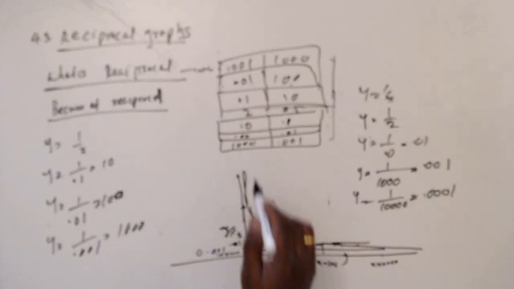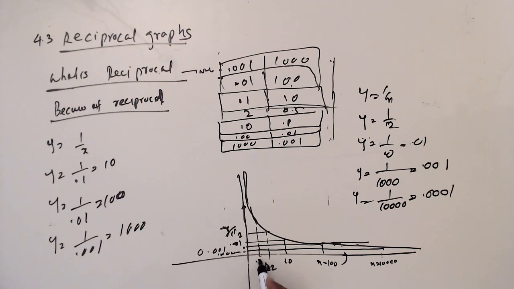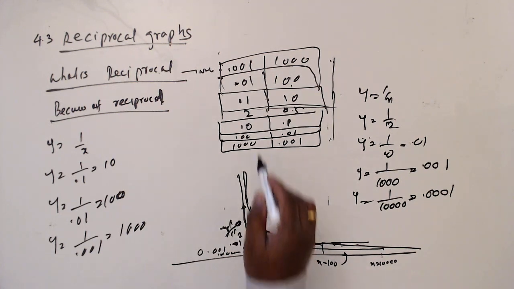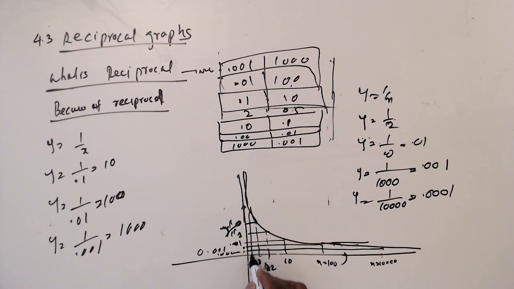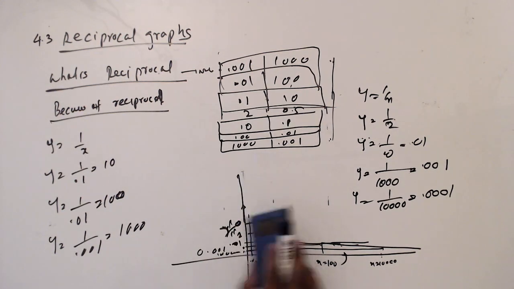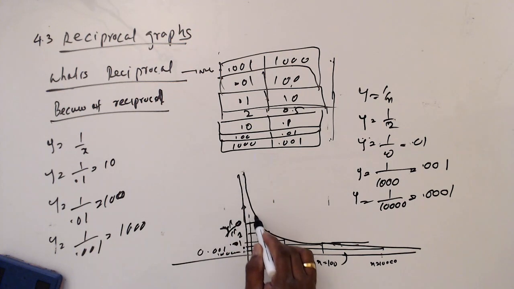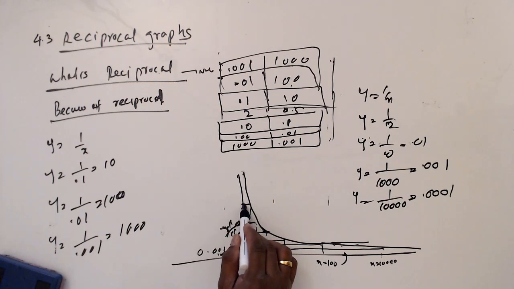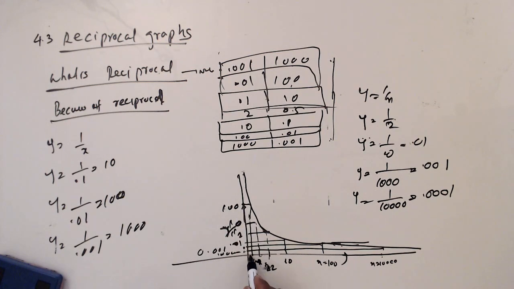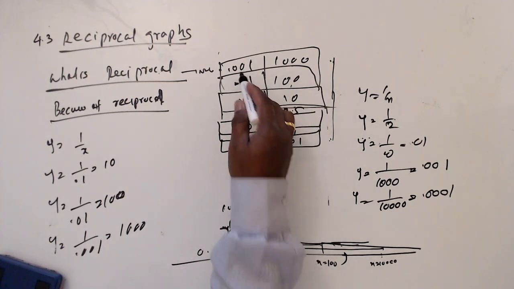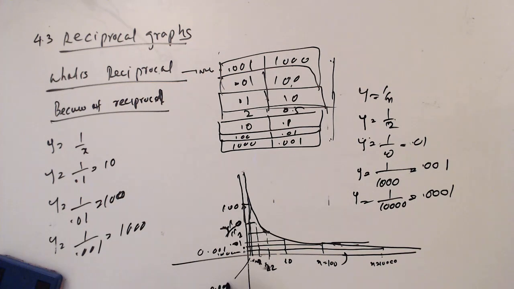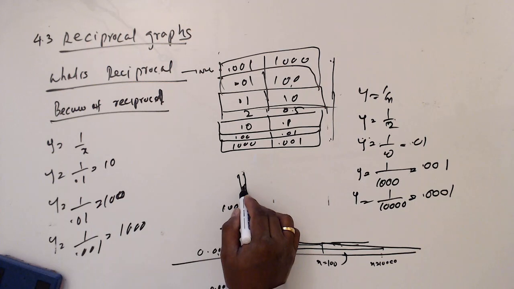Okay, x is 0.1 now, somewhere here, y is 10, and x is 0.01, then the value is going to be 100, and x going to be 0.001, then this value becomes 1000.